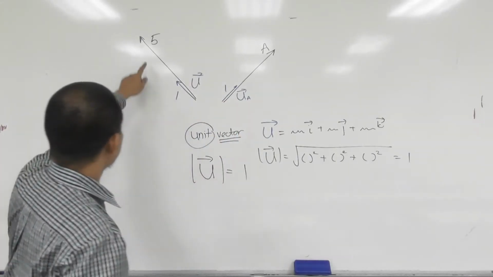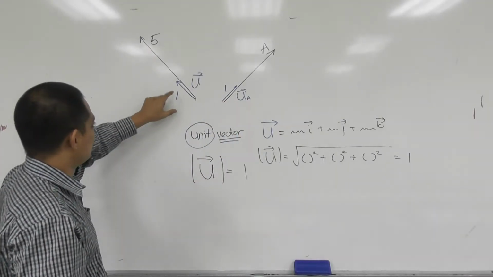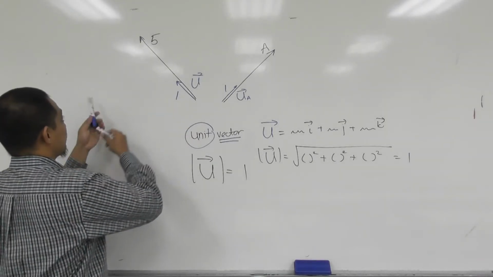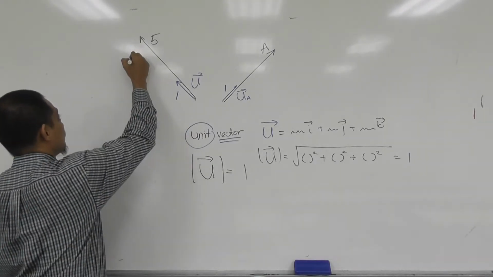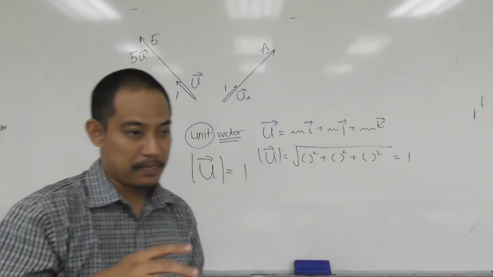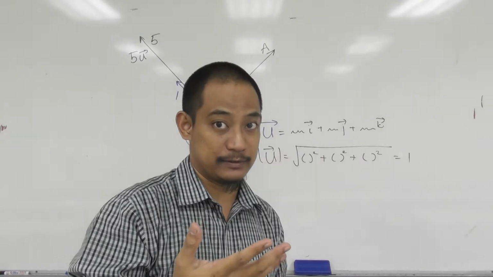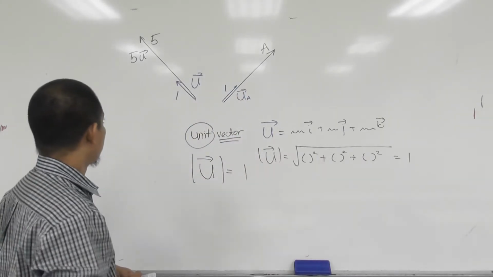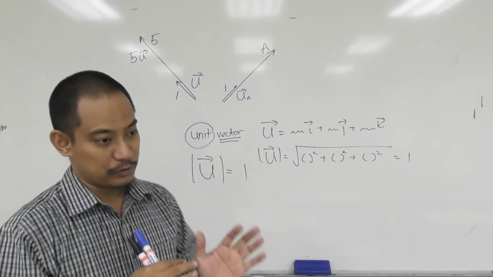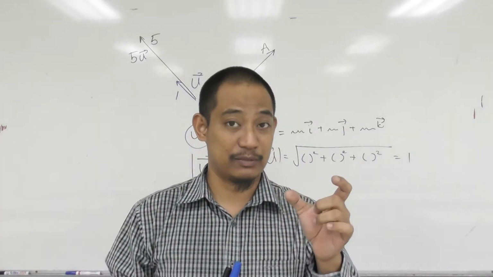In this case, this one multiplied by 5. So in the end, in terms of vector form, this becomes 5 times u. That will give you the vector, right? You understand that?